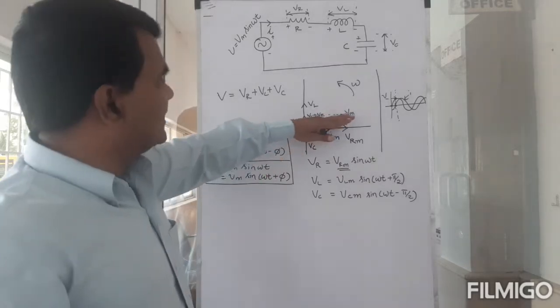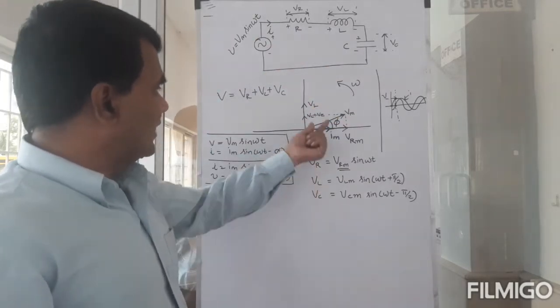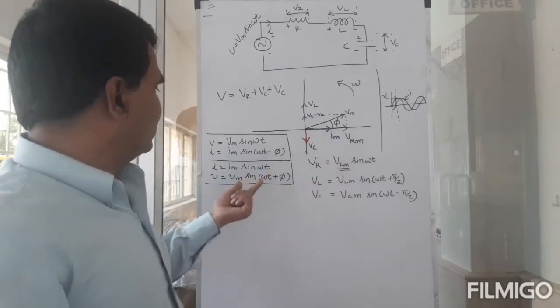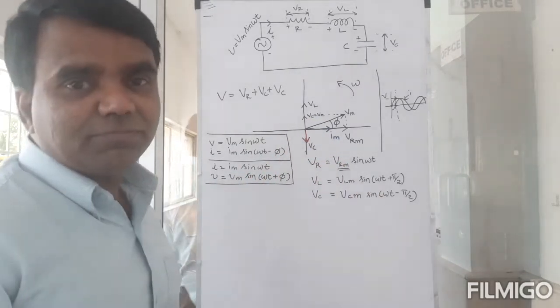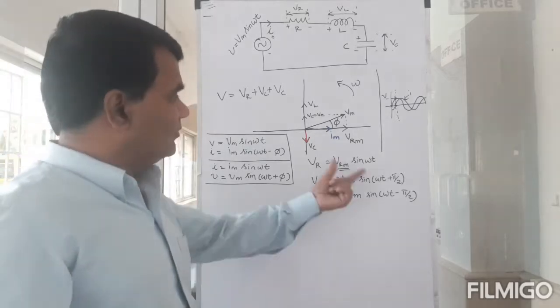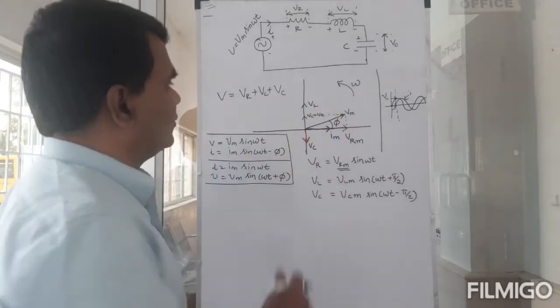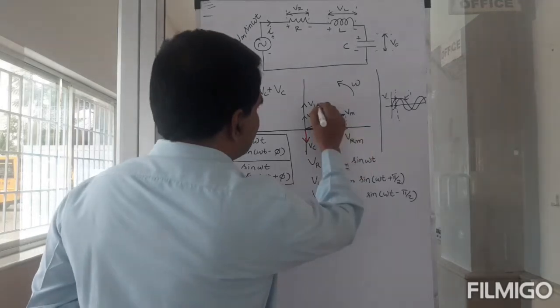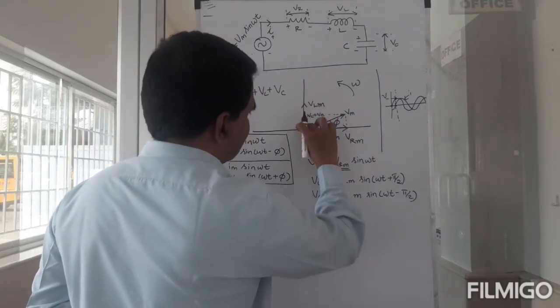Or if I take Vm sin omega t as a reference, then everything will have a plus phi added to it. And that's about it. Pretty much the same equations. So this is Vrm, and this will be VLM, it's a maximum, and this will also be VCM, a maximum.